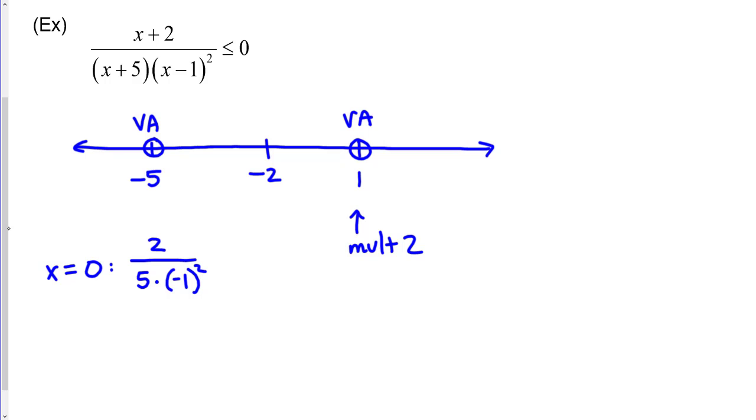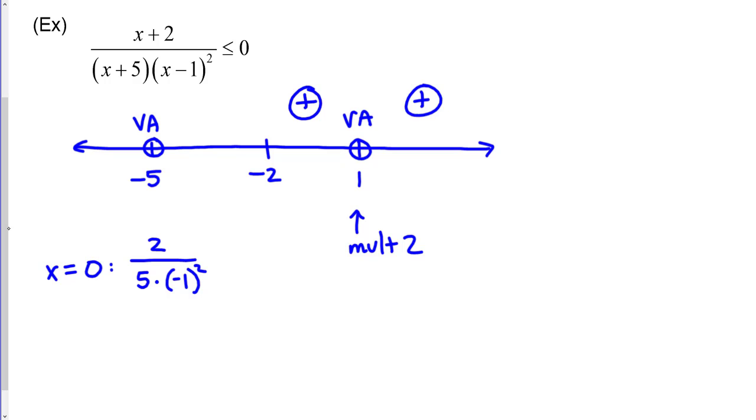The rest of these numbers are positive, so the result of all that is on this interval, I would result with a positive value. And since my vertical asymptote is multiplicity 2, all the values in this interval would also be positive. I stay the same sign across something that is a 0 or an asymptote that is even multiplicity.